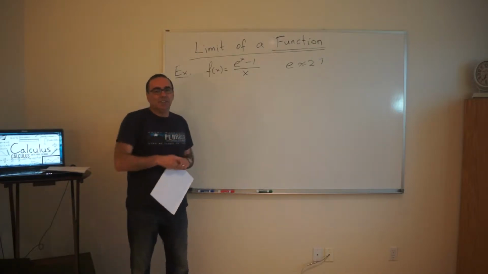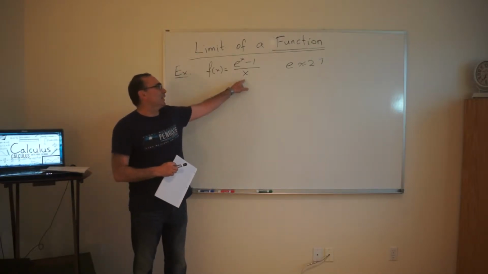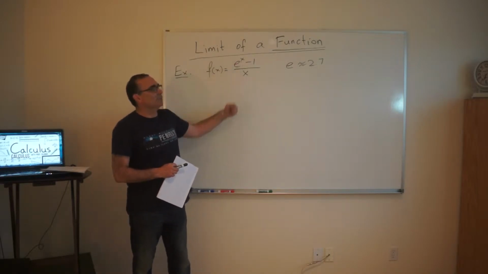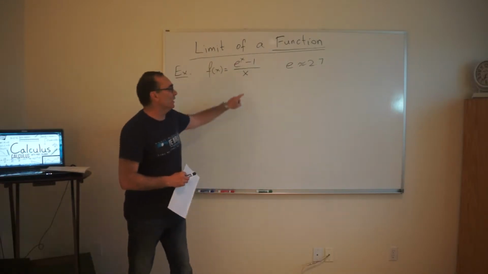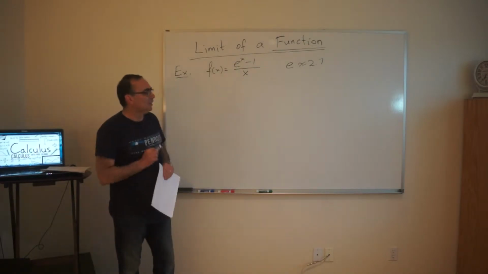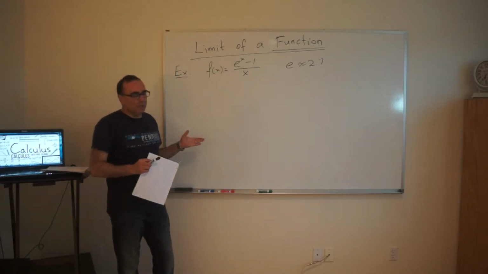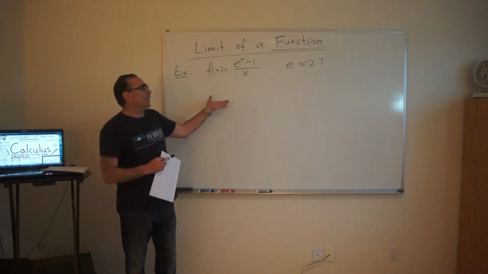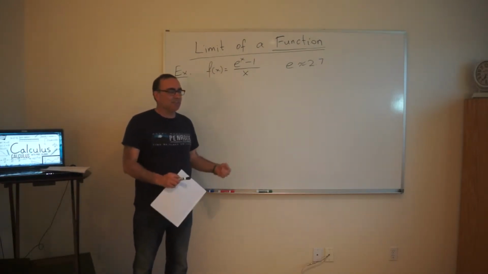Now, you can tell that there is definitely an x value that you cannot plug in. Specifically, it's x equals 0, because you cannot divide by 0, so you cannot plug in x equals 0 in that function. However, we can plug in some other values. I don't want to plug in arbitrary values like x equals 5 or 10 or whatever.